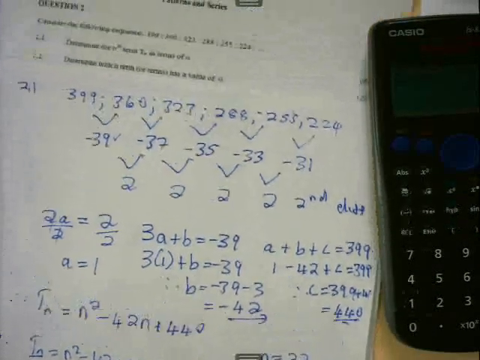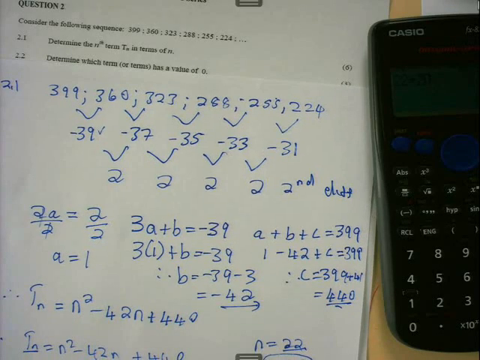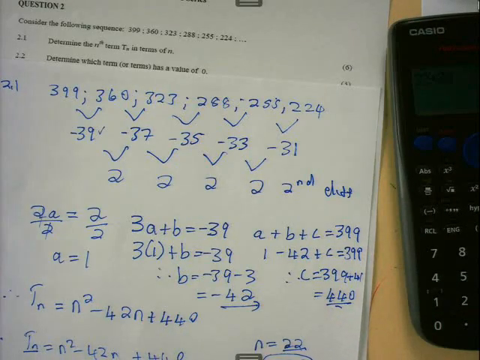Right, boys and girls, that was 2.2: determine which term has the value of 0. Now I can see you are happy. Now you are able to determine the general term, and also to identify the question that says you must determine the position, and the one that says you must determine the specific term.